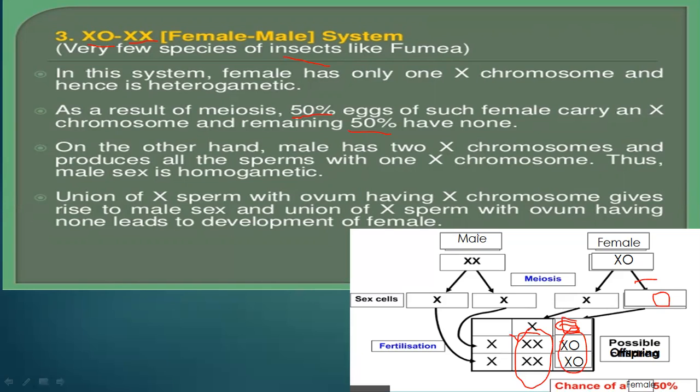So male is homogametic, and female is heterogametic. If one X is present only and no other sex chromosome is present, it means they are female. So here we also have the 1:1 ratio, half male and half female.